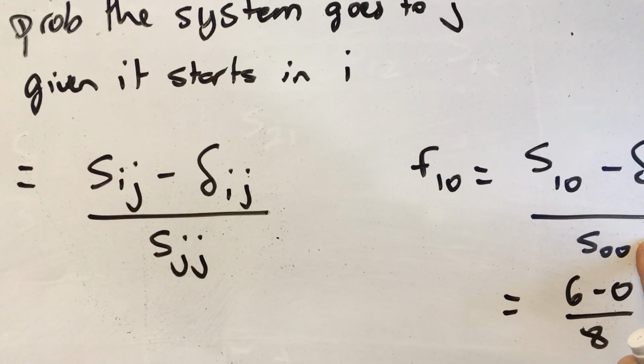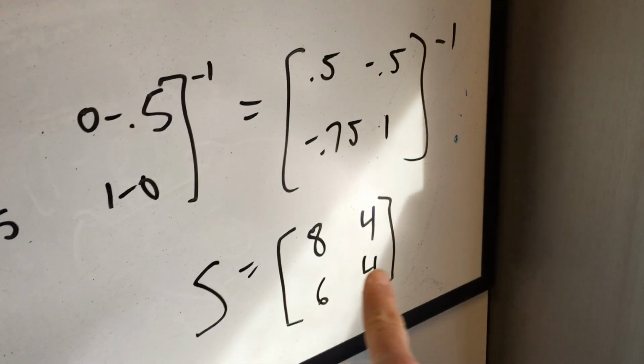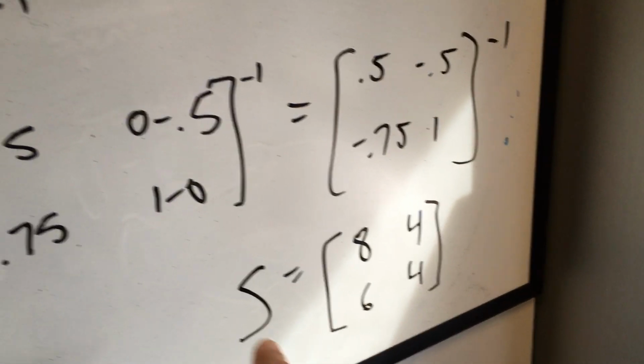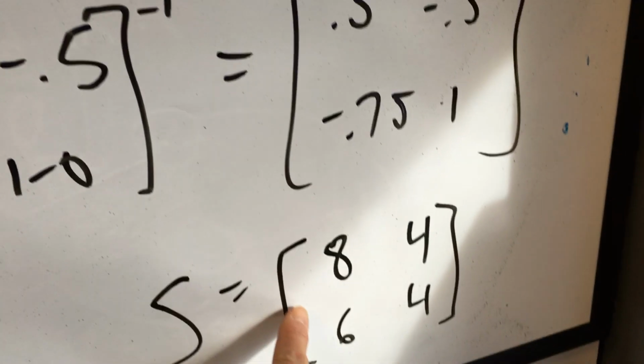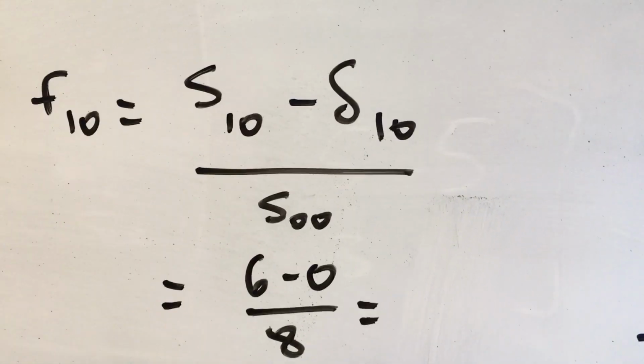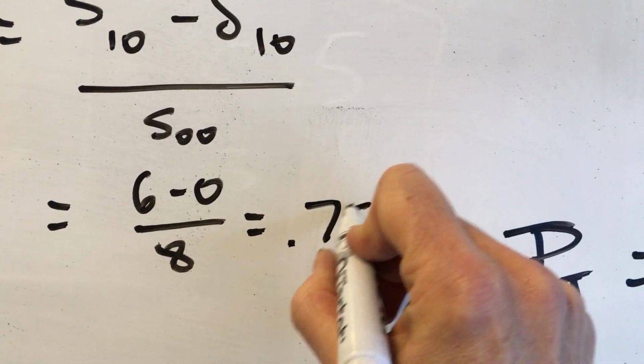I'm just following this formula here. I get S_10, which was 6, and S_00 is 8, and I'm going to use a 0 for the delta, and I'm going to get 0.75.